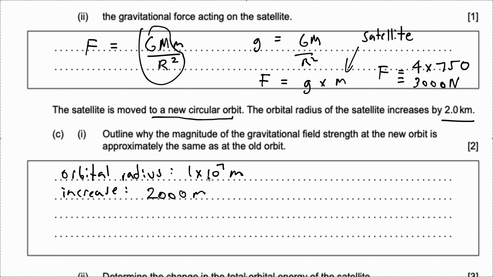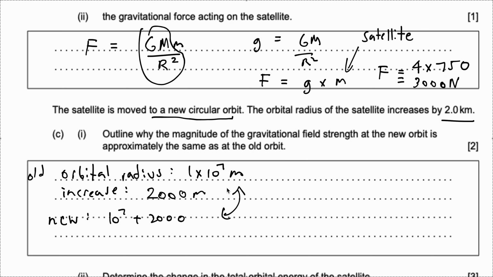Now if you compare these two, the old orbital radius and the new orbital radius, the new one is just 10^7 plus 2000. If I make a comparison between these two values, it's really basically the same, right?